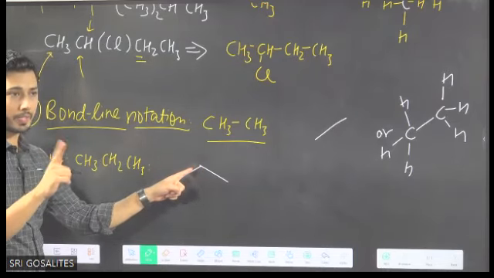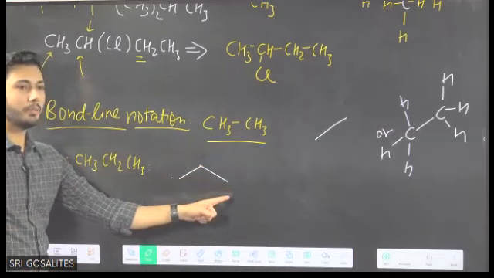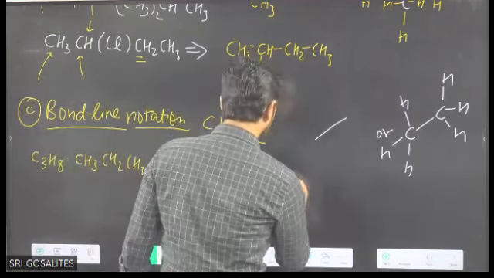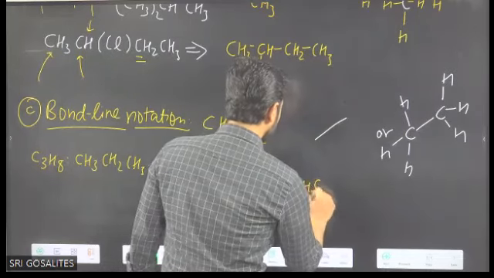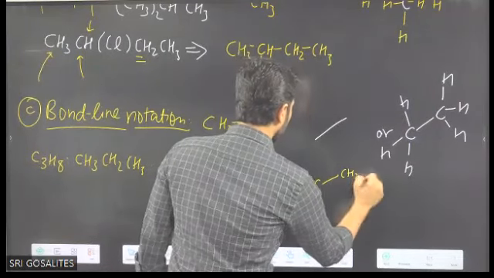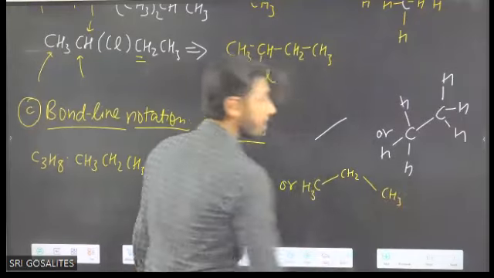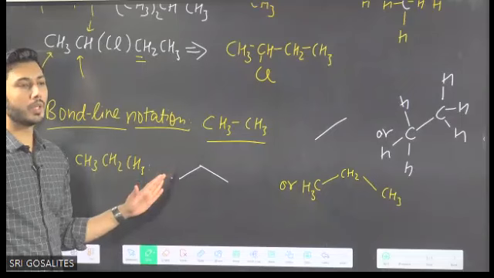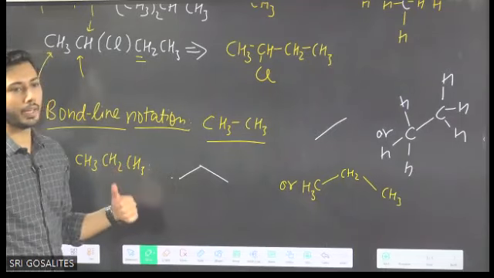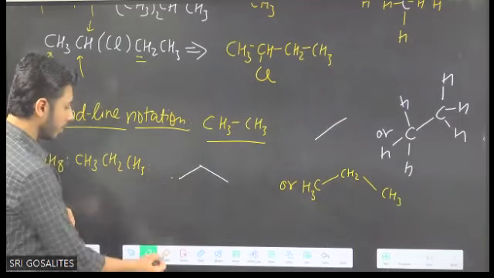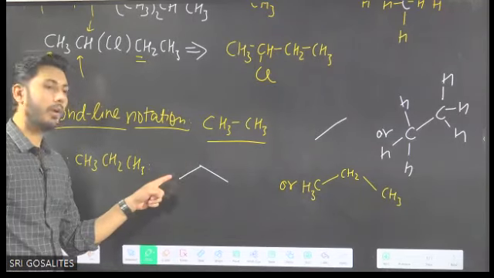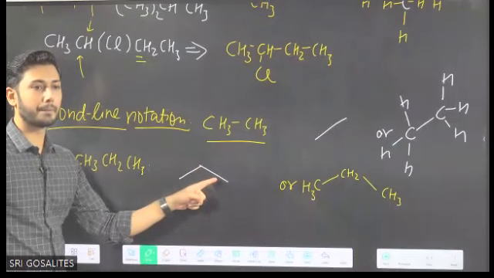Each vertex represents carbon and the ending point again carbon. That means what I have written like this, or CH3, CH2, CH3. So in bond line notation, no need to mention any carbon and hydrogen. It is understood: each vertex is carbon, starting point is carbon, ending point is carbon.